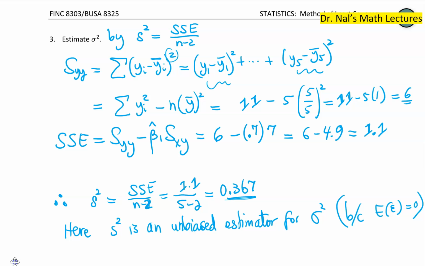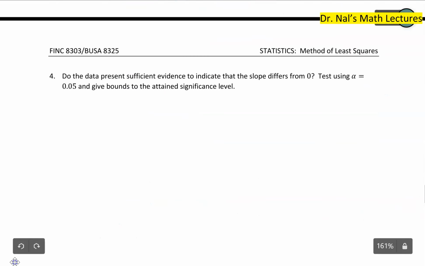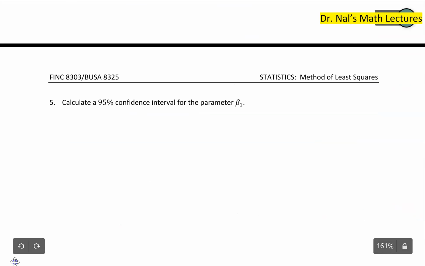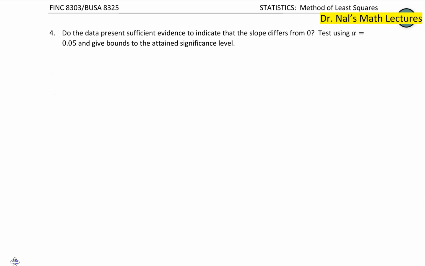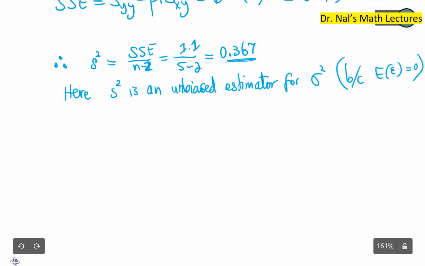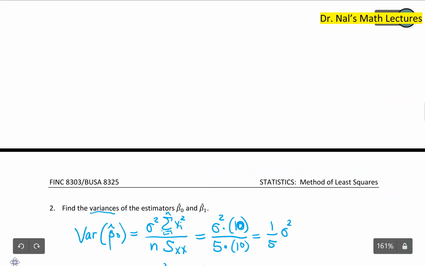So having done all this, now we can finally attack, I think this is the last problem. Oh, 2 more problems. First, let's attack question number 4. We need to do a hypothesis testing to see if the evidence indicates whether the slope is significantly different than 0. So what slope are we talking about? The slope beta 1 hat, right? Where was our line earlier?